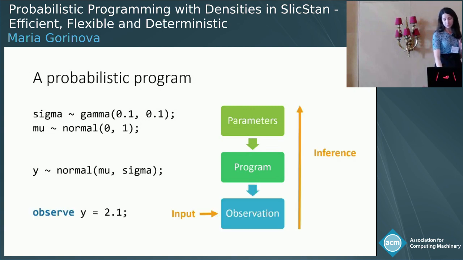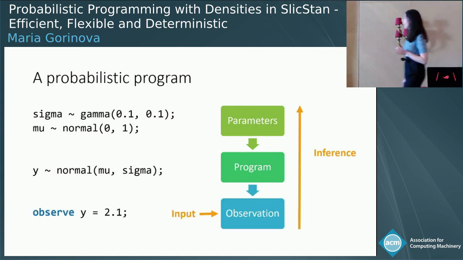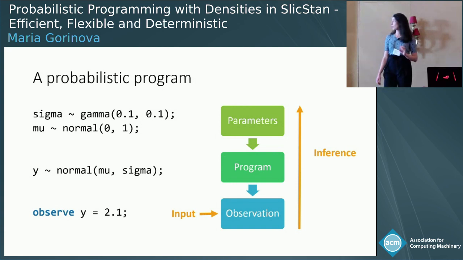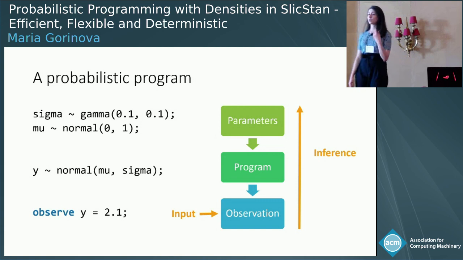What makes a program probabilistic is that we can have observed statements where we observe a concrete value for some of our random variables. So for example, here we observe that y is 2.1. Now what we want to do is to figure out how our beliefs for sigma and mu change.